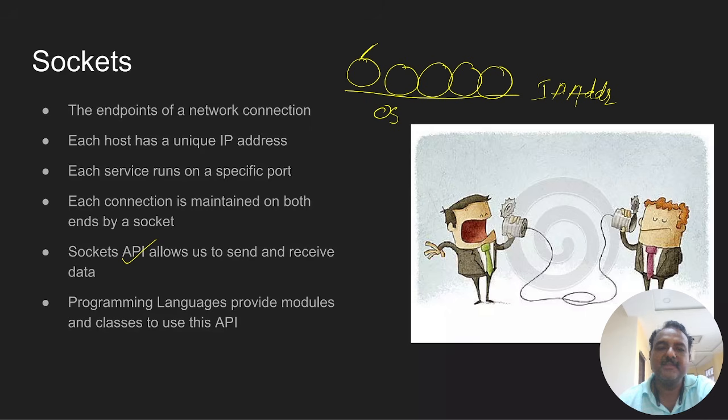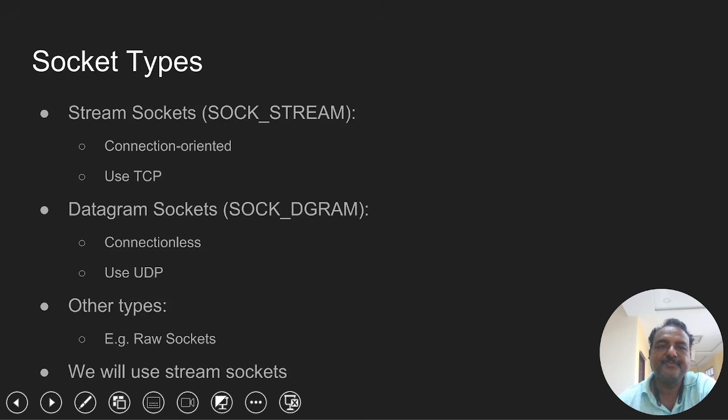Different programming languages have different modules used for sending data from one computer to another. With this information, we now understand what exactly a socket is and how a socket communicates with the outside world.